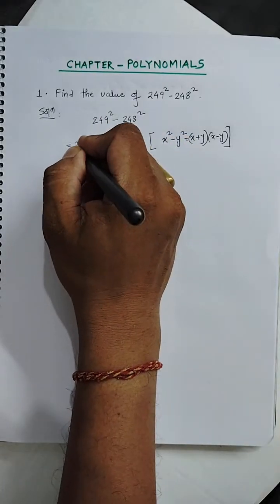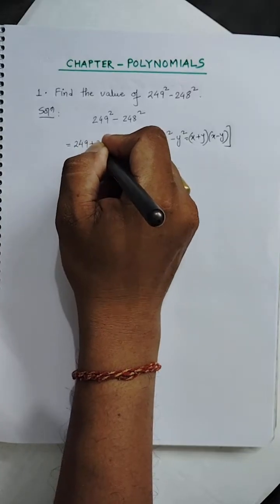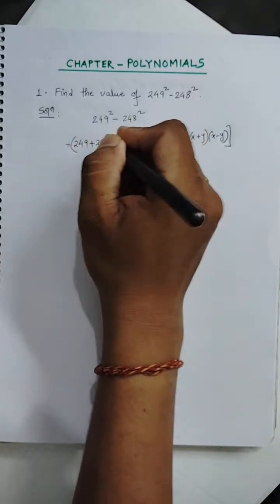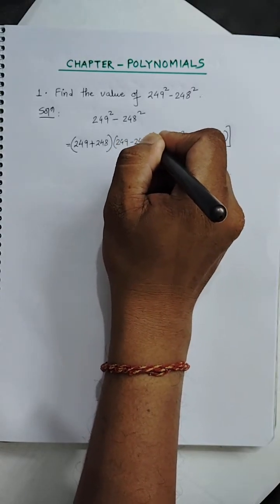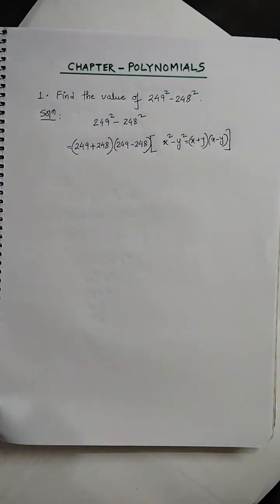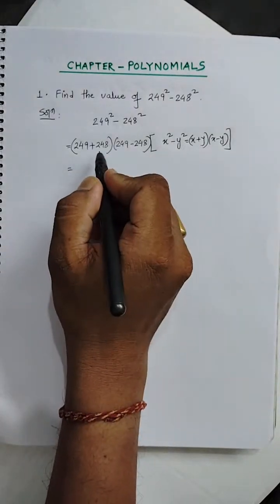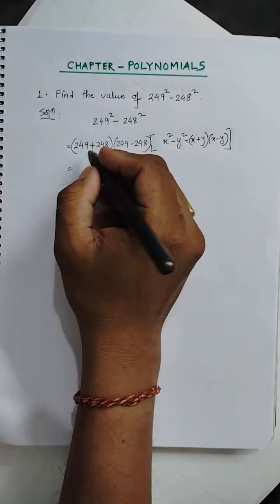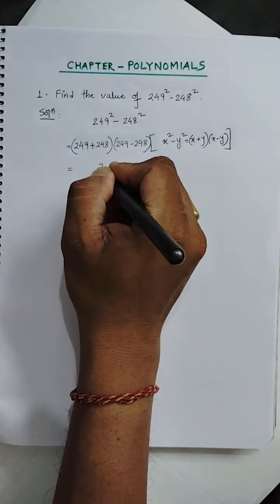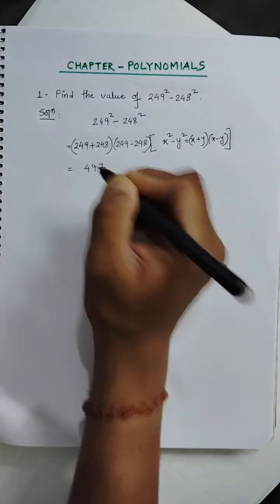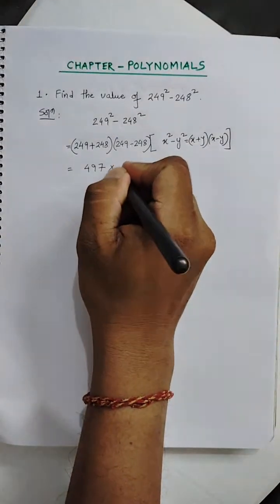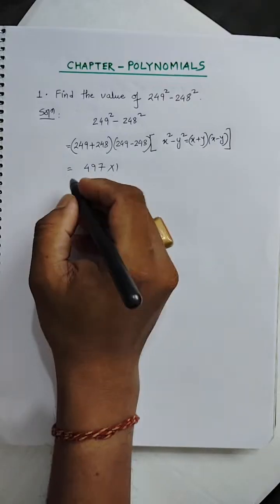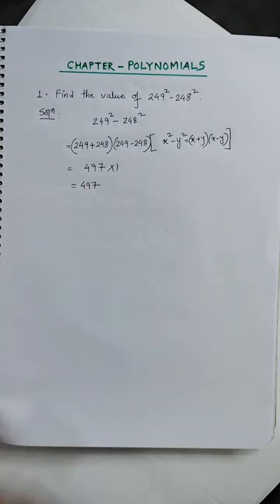So we are going to rewrite it as 249 plus 248 multiplied by 249 minus 248. Let's add these two numbers: 249 and 248 is 497, into 1, because 249 minus 248 is 1. So our answer is 497.